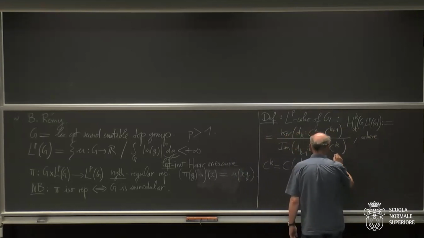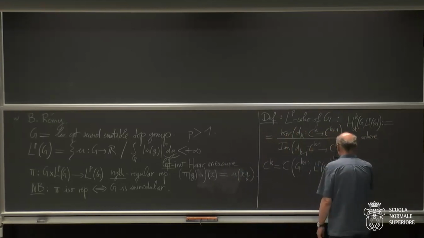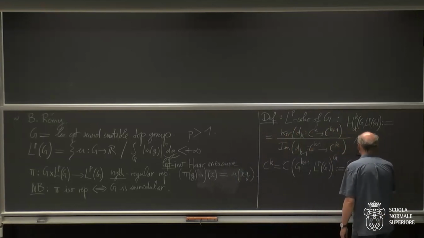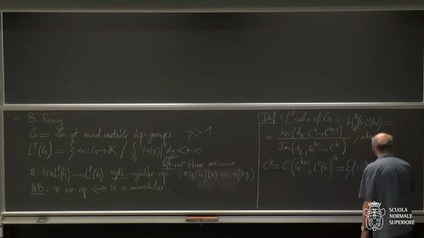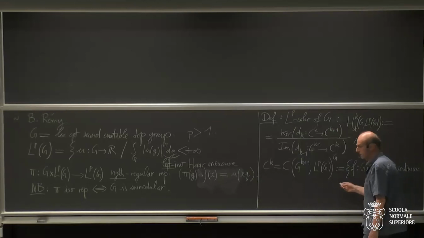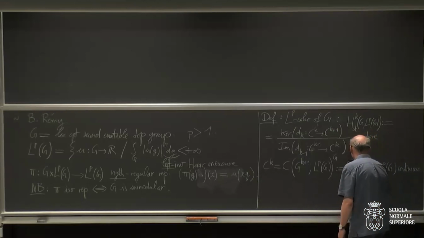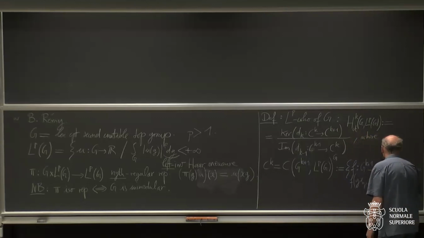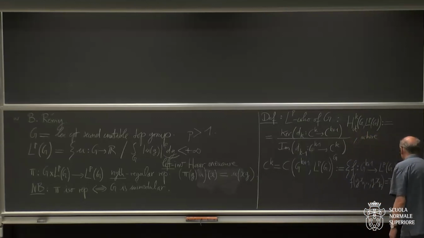And I take the invariant space, which is by definition the set of functions from G^(k+1) to Lp(G) which are continuous and equivariant. So f(g x_0, ..., g x_k) is pi(g) f(x_0, ..., x_k).